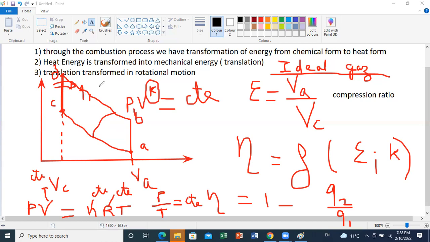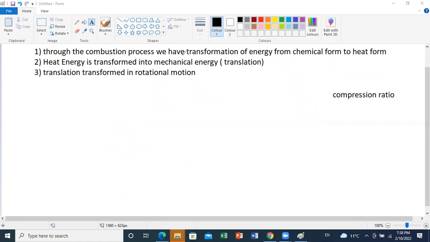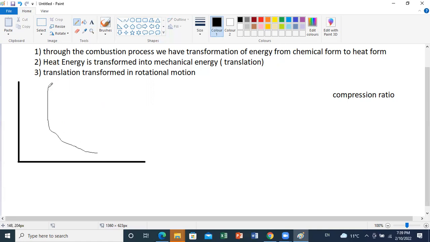Let me draw a graph that will not be erased, so it will remain for you, and then we write the equations, we can erase them. So this is our graph again. We called this point A, the beginning of compression.